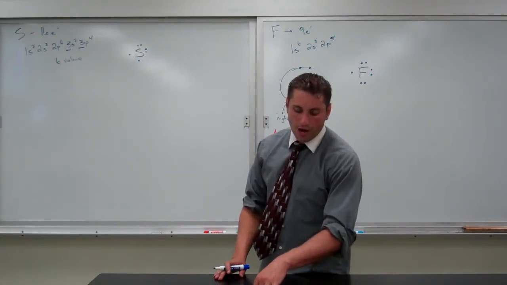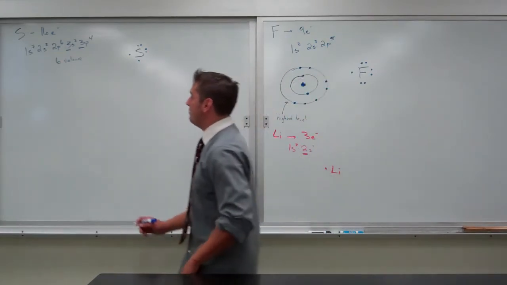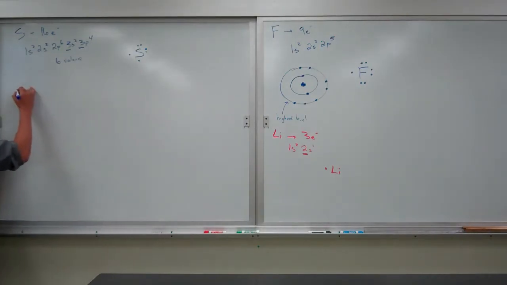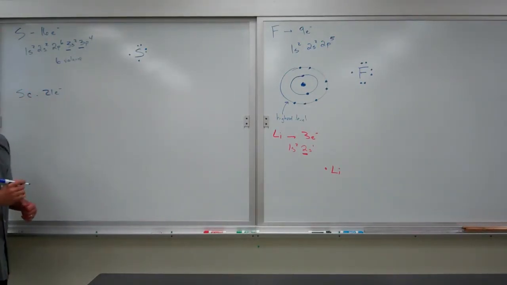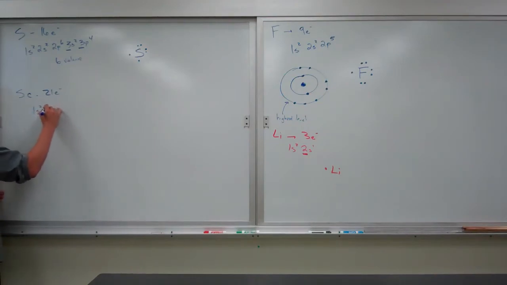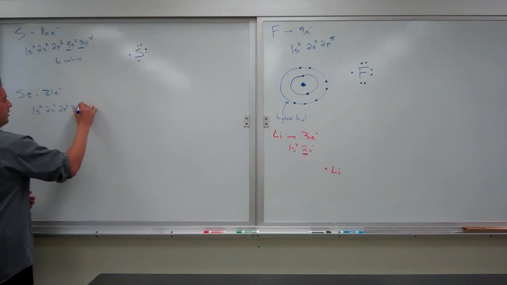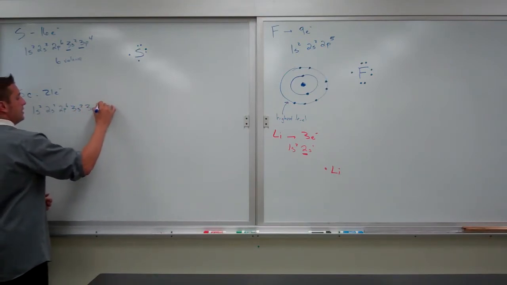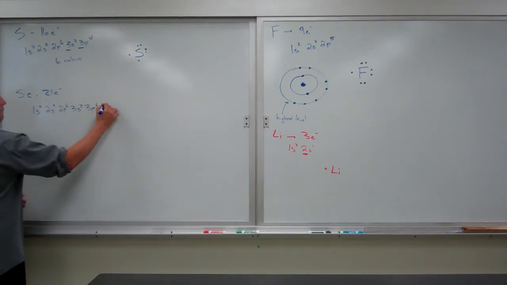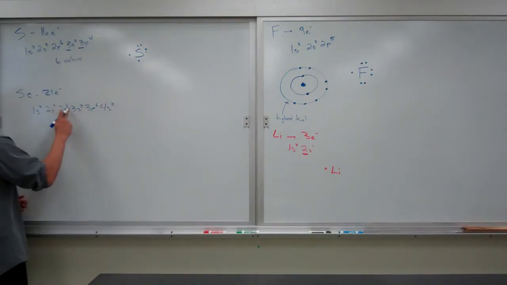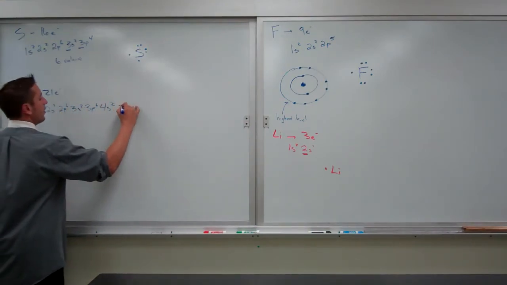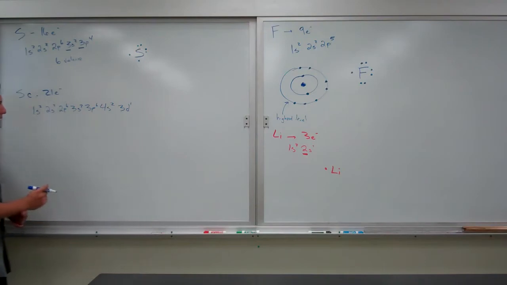Let's take a look at one more, like scandium, Sc. Scandium has 21 electrons. Its configuration would be 1s2, 2s2, 2p6, 3s2, 3p6, 4s2, 3d1.